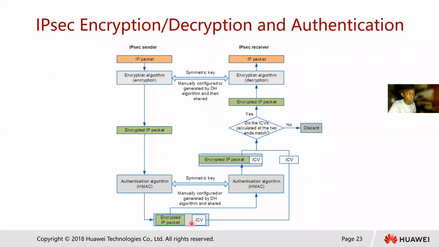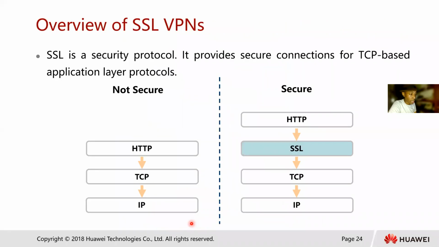I'm telling you that I'm brushing through so that you understand what you need to go on and cover. Then we have the SSL VPNs, which work in the transport layer. Since SSL is a security protocol, it provides secure connections for TCP-based application layer protocols, right? So what is not secure?